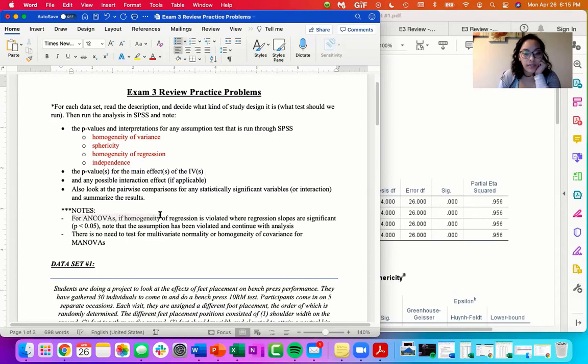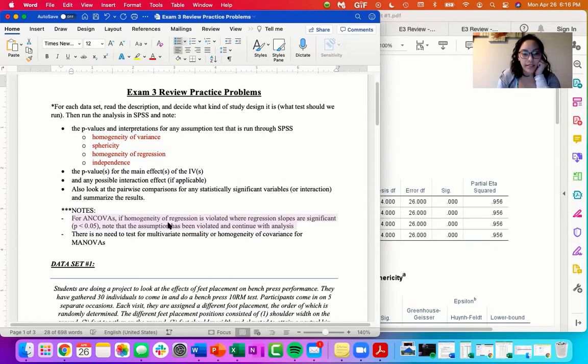I have additional notes here. If you have an ANCOVA and the homogeneity of regression is violated, similar to your activity, just note there was a violation, but keep going with the analysis for the sake of the practice. I think the one on the exam is good, but if not, I probably added a note similar to this.